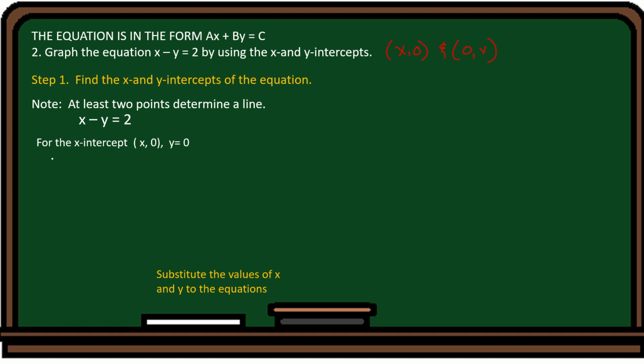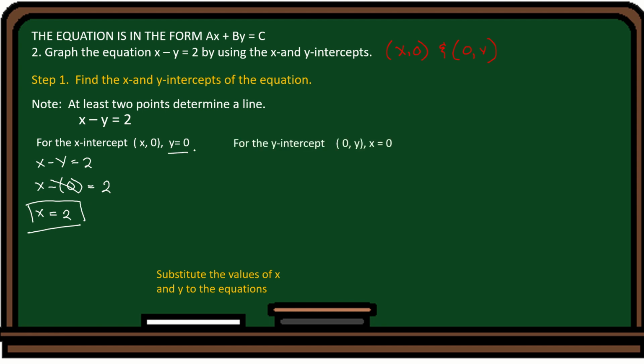Since your y is 0, we have x minus 0 equals 2. So x minus 0 is x, and the remaining will be x equals 2. Now you have the value of your x using the value of your y, which is equal to 0.